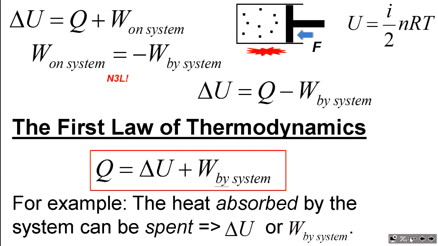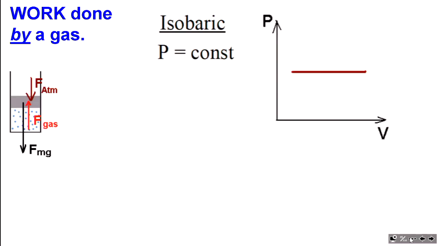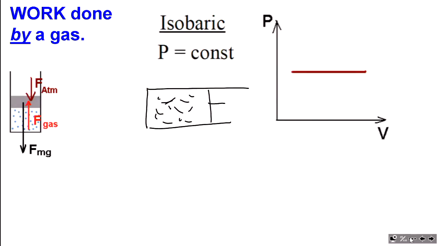Now, we know how to calculate almost everything. Let's just mention how to calculate work. So we start from a simple process when pressure remains constant. And it's convenient to think of a cylinder with the gas inside pushing on the piston.